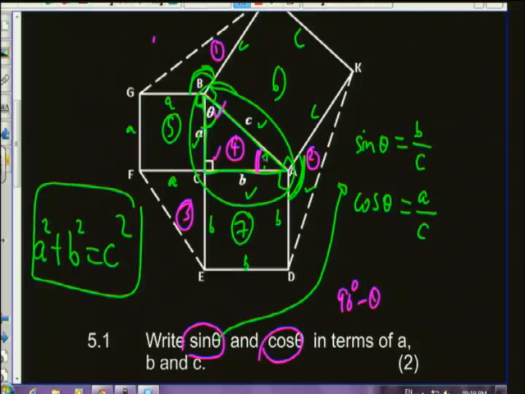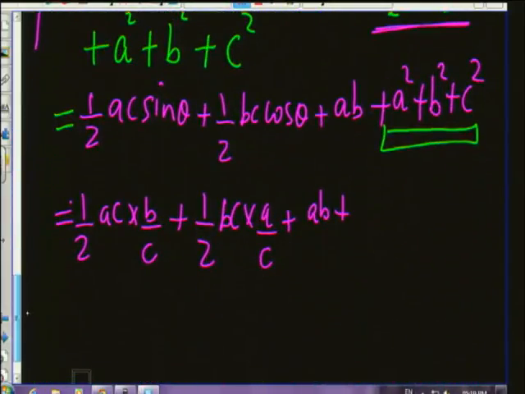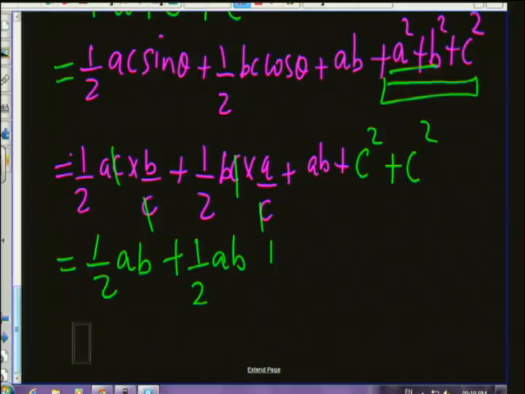So where I see A squared plus B squared, that gives us C squared, so that will be C squared plus that C squared. Now, simplify further. You get half the C divided by the C, so I'm left with half AB, plus the C divided by the C, so half AB, plus the AB, plus, now these two are like terms, so this is 2C squared.